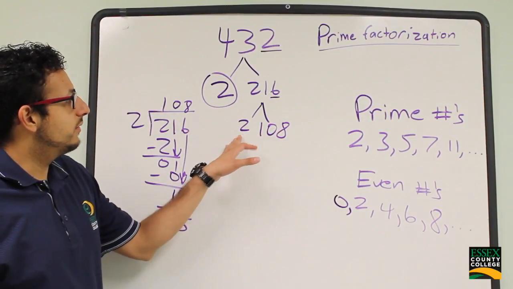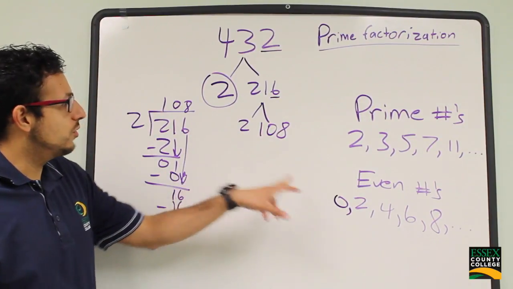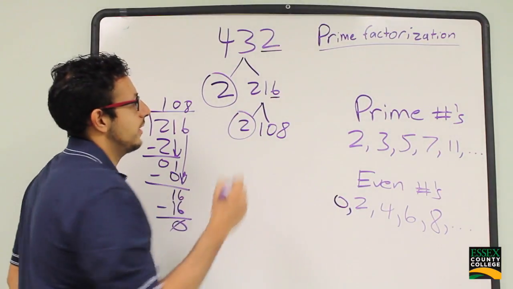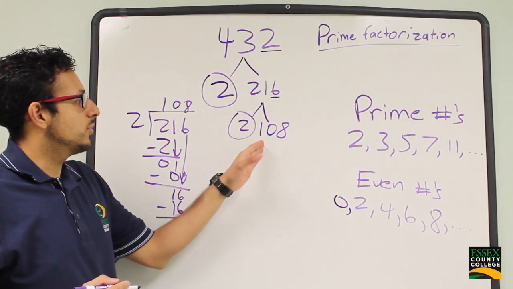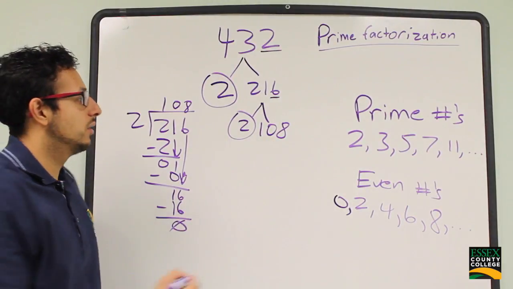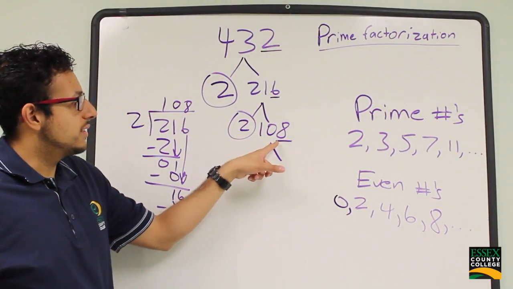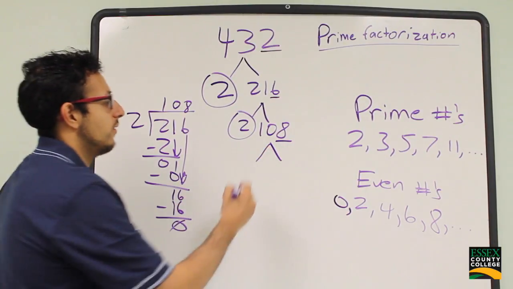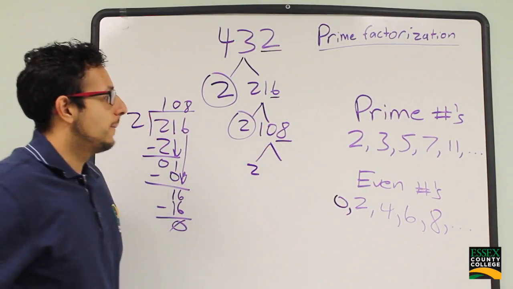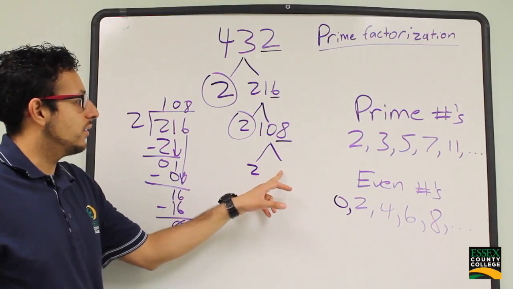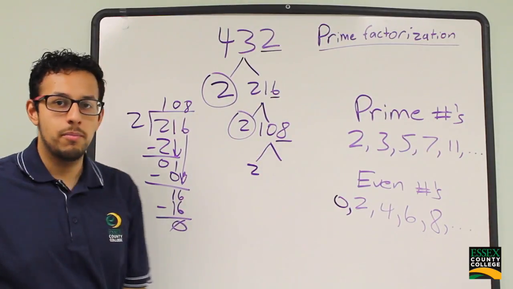Now one of the factors of this number is 2, so we can circle that. We continue the factor tree with 108. It ends in an even number, so one of the factors is 2. We figure out the other number by doing 108 divided by 2.